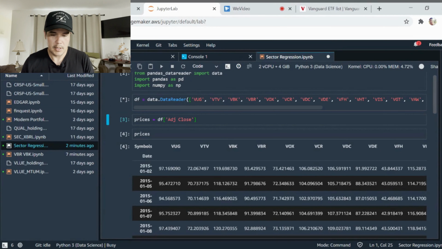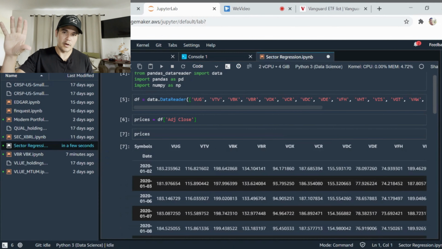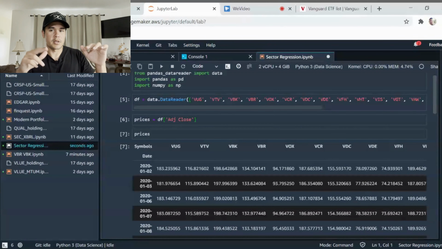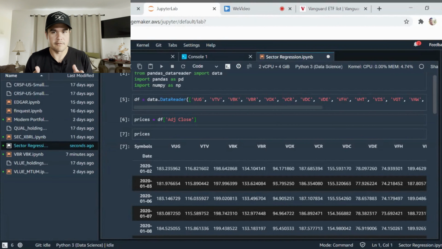Keep in mind, what regression is doing is it's looking at the variability of the returns in one fund and regressing it on the variability of the returns of several other funds. And depending on the time period that we choose, there's going to be different movements of variation depending on themes that happen during that year or not.